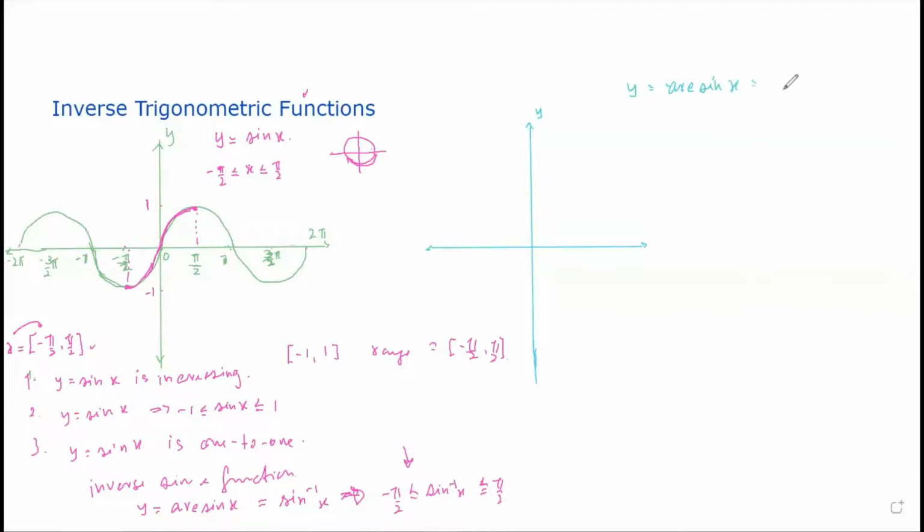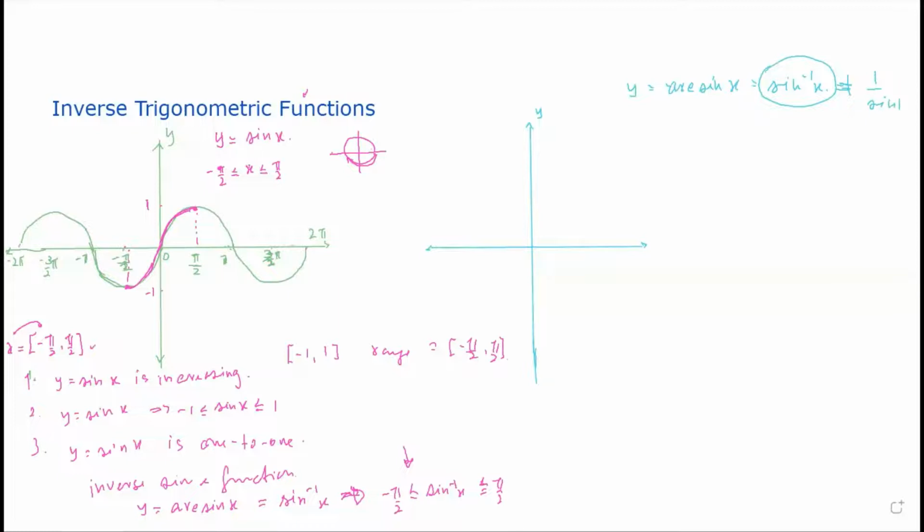Again, one more time before we forget: arc sine of x is not equal to 1 over sine x.